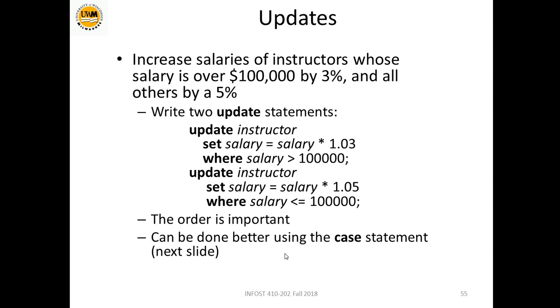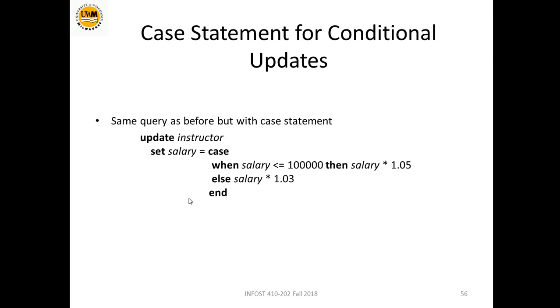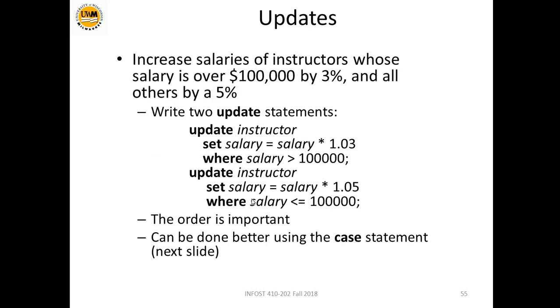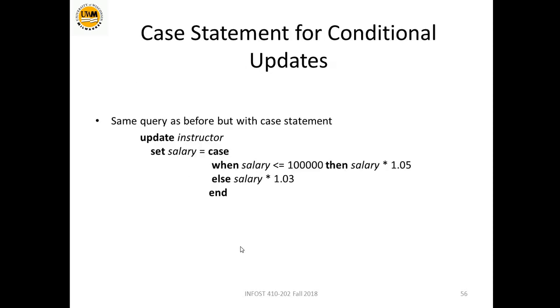It can be done in a better way using the case statement. So let's take a look at it. We can say update instructor set salary equals case when salary is less than 100,000 then salary times 1.05 else salary times 1.03. So if we use the case, it will solve the problem of the order.